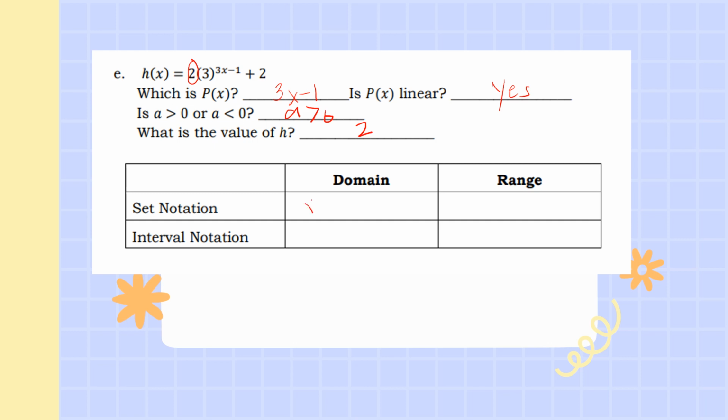From that, we can say that x such that x are elements of the real numbers for domain, and it's from negative infinity to positive infinity. For the range, using the h, y such that y are elements of real numbers, and y is greater than 2, because a is greater than 0. And with that, it's from positive 2 to positive infinity. It's just that easy.